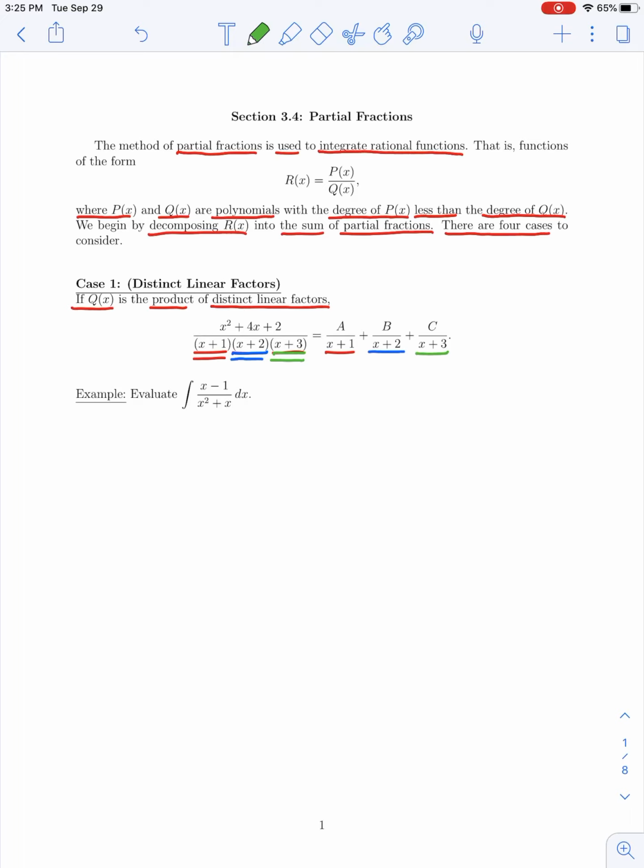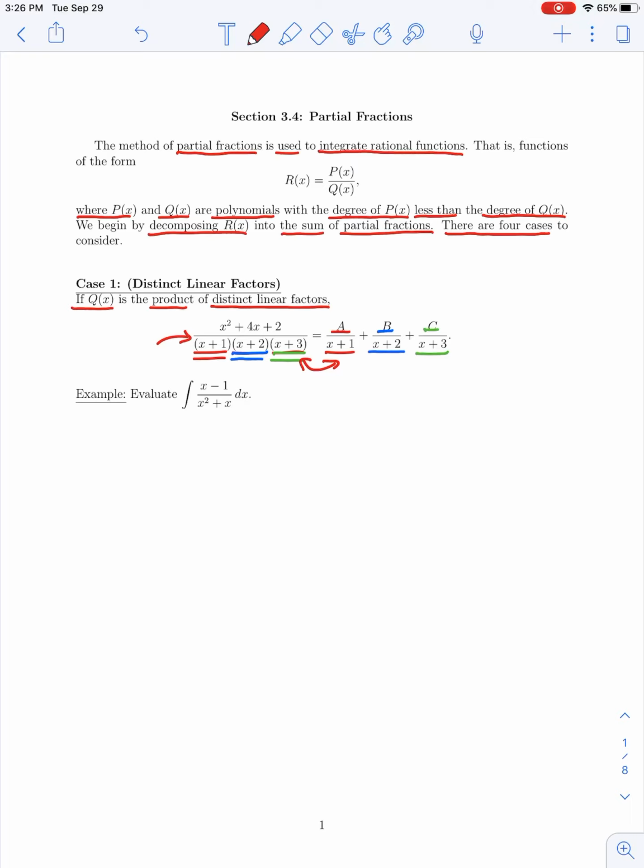The question is, what are these constants that would make these 2 functions equal to one another? Because if I can rewrite my single rational function as the sum of these smaller parts, I know how to integrate each one individually. But looking at the original function, it wouldn't be obvious how to integrate it in the way that it's written.